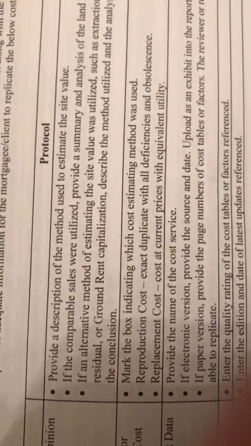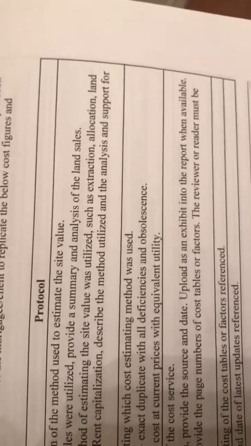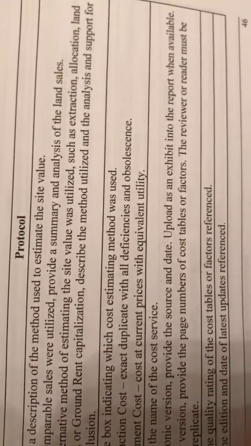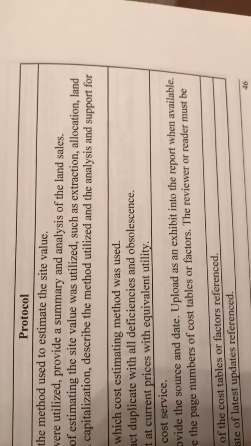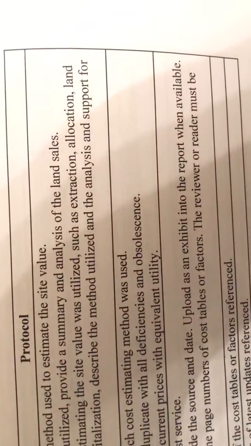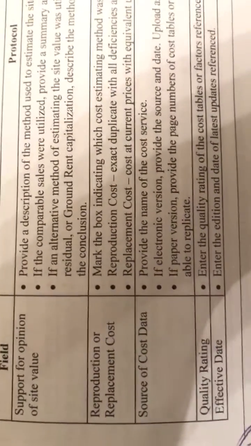If an alternative method of estimating the site value was utilized, such as extraction, allocation, land residual, or ground rent capitalization, describe the method utilized and the analysis and support for the conclusion.